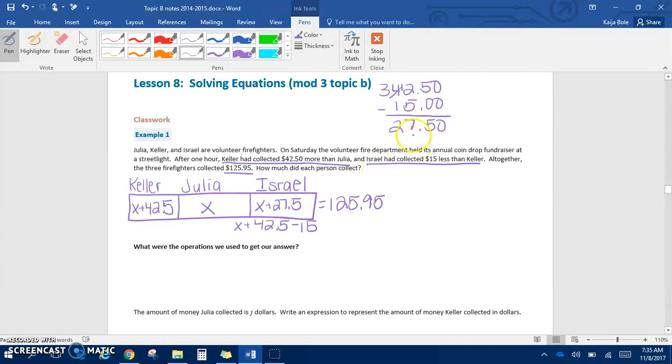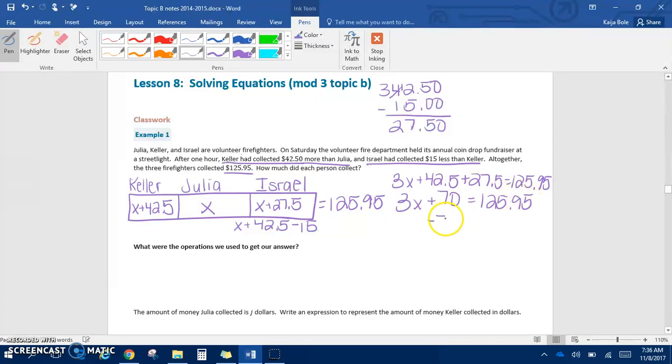Okay, so now we have to find out how much each person collected. So if we're going to combine our like terms, we would have 3x plus 42.50 plus 27.50, and this all equals 125.95. So if we combine these other two like terms here, we get 3x plus 70 equals $125.95.